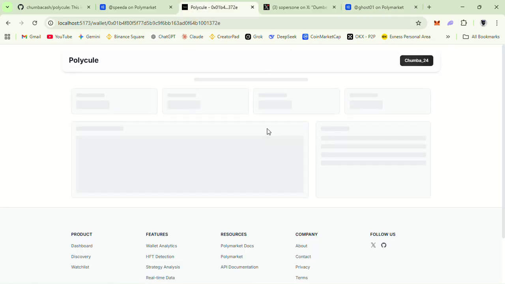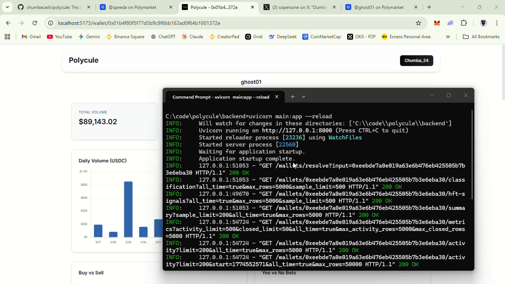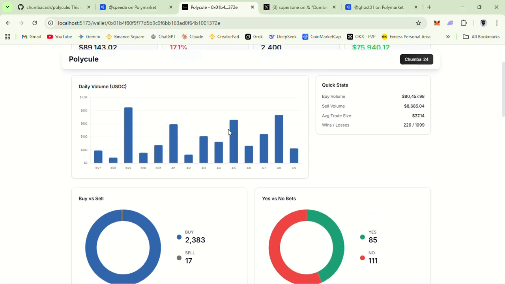It might take a few minutes, maybe like 1 minute or 2 minutes. It depends. Okay, 1 minute is quite a long time, but it will take almost 30 seconds. So you just need to wait. So you can see here the logs of this account trying to get all the trades.